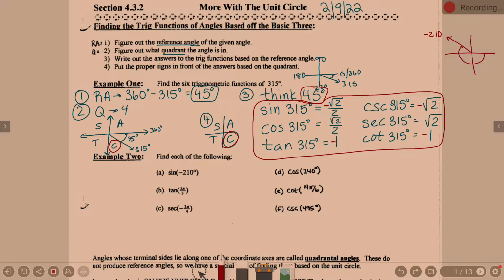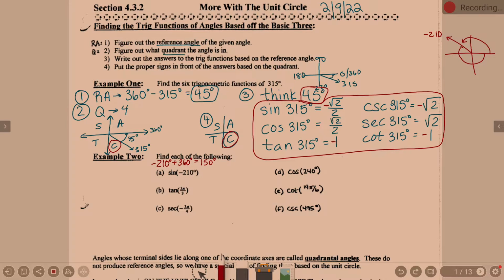How do I find another name for -210? Take -210 and add 360 to it. What is -210 plus 360? 150.